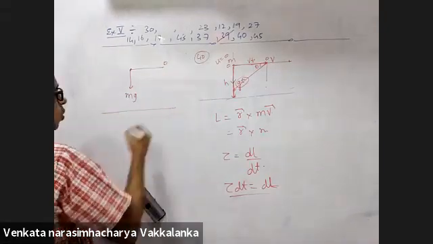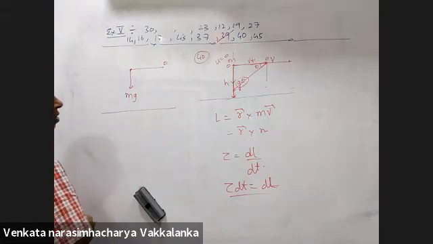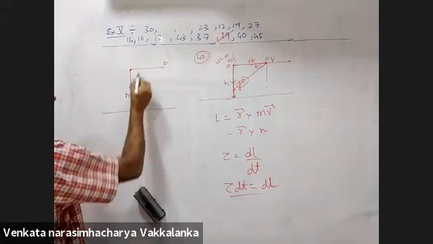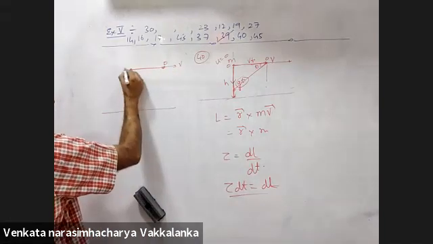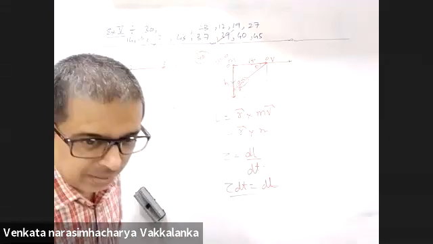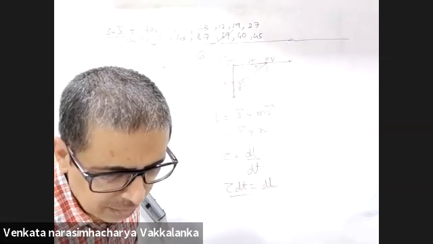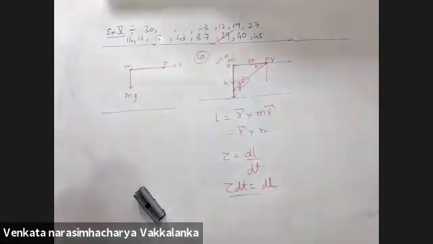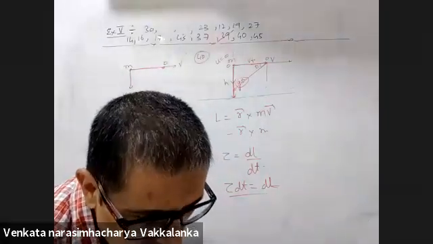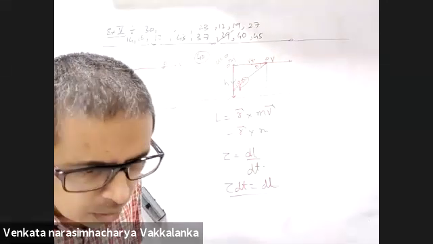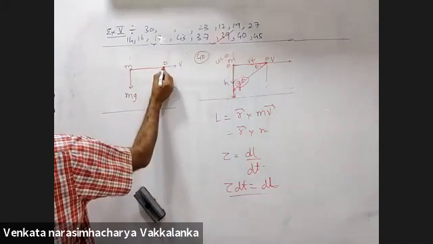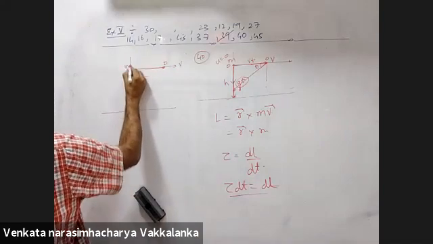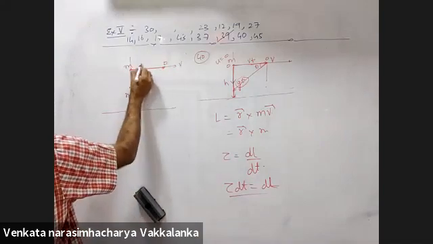With respect to this, which is moving with a velocity v, find out the torque on small m. Okay, sir. So the d perpendicular will be vt, right? Extend the line of action, drop a perpendicular from here.